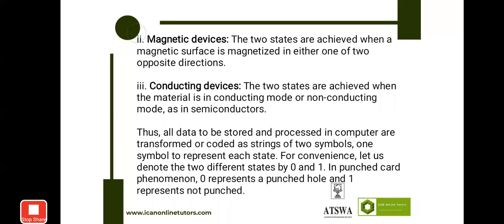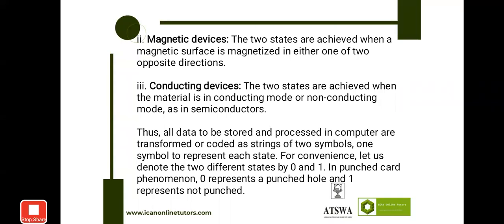For conducting devices, the two states are achieved when the material is in conducting mode or non-conducting mode, as in semiconductors. So all data to be stored and processed in a computer are coded as strings of two symbols, one symbol to represent each state. For convenience, let us denote the two different states by 0 and 1.